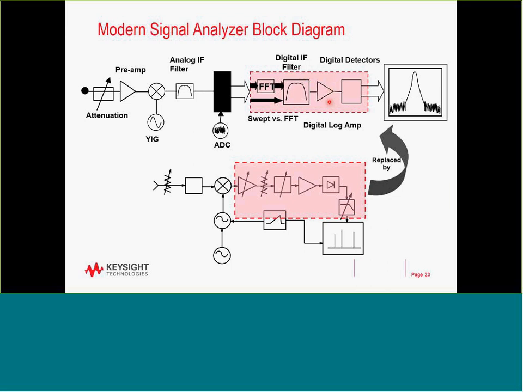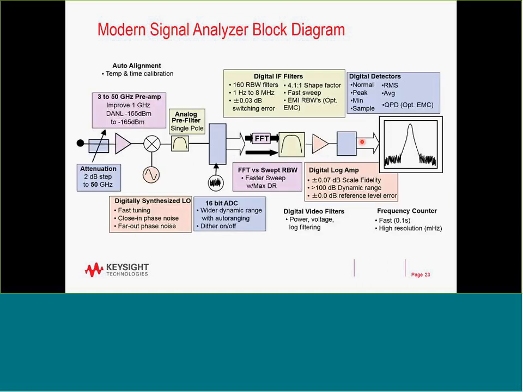Then it goes to a digital log amplifier, which is close to perfect because it's digital. There's still some digital calculation error, but very small compared to the analog side. And then it goes to the digital detector to show the signal the way you want it. The big gain is that modern signal analyzers like the DXA or the PXA have a 2 dB step attenuator.